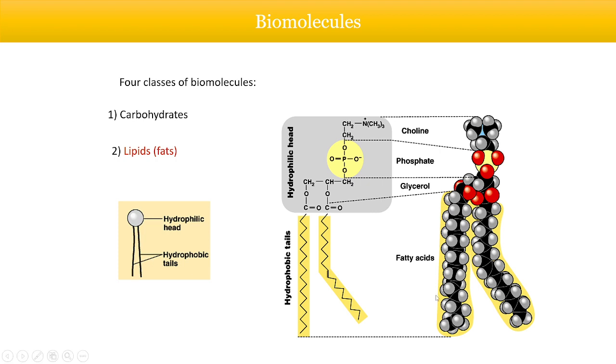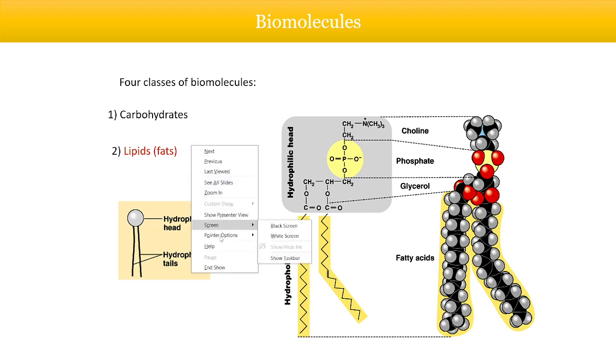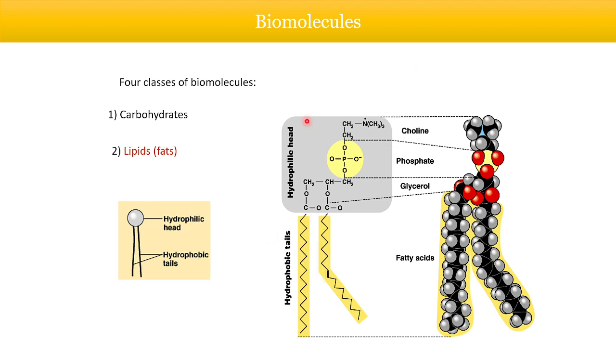The hydrophobic tail includes long carbon chains, saturated as well as unsaturated. So this entire structure is responsible for forming the fatty acids, or you can call them the lipid molecules or fats.